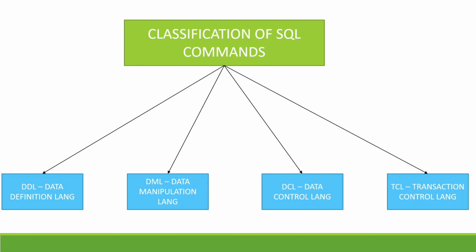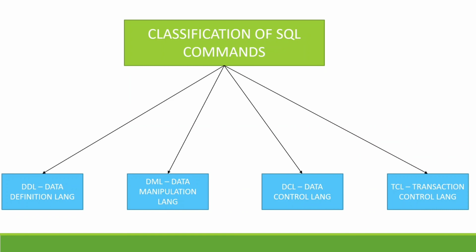DCL is used to control the access of our records or tables to certain users in a database. If you want to restrict certain users from using a database, the admin of the database can restrict them using these DCL commands. These commands are related to providing security to our database.